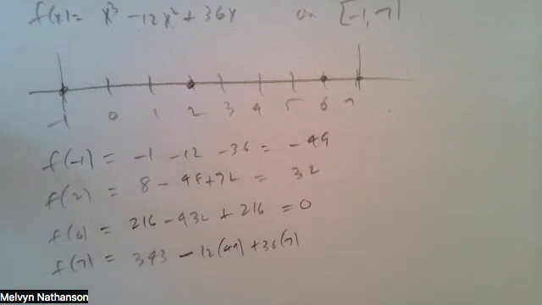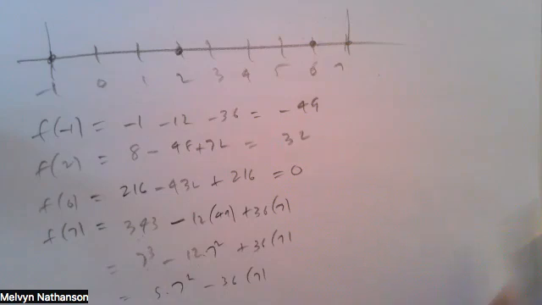Let's see, so what is all that? Let me try and simplify this. This is 7 cubed minus 12 times 7 squared plus 36 times 7. So if I factor out 7 squared, that's 7 minus 12, which is 5 times 7 squared, minus 36 times 7. I'm just avoiding a calculator.